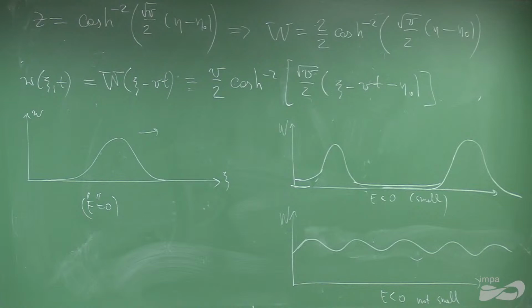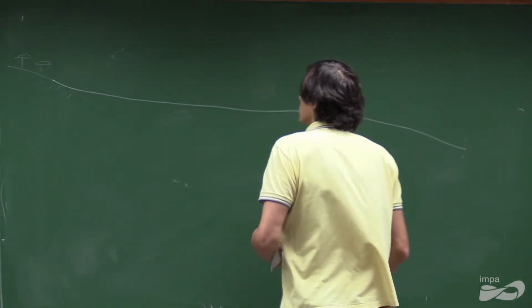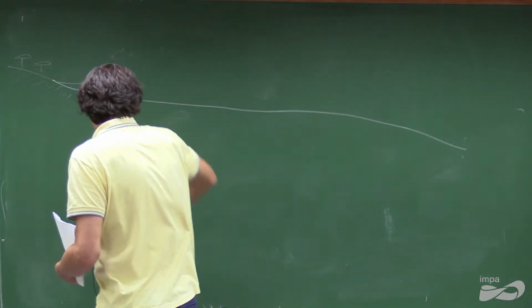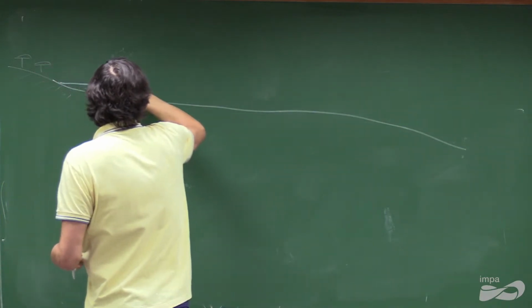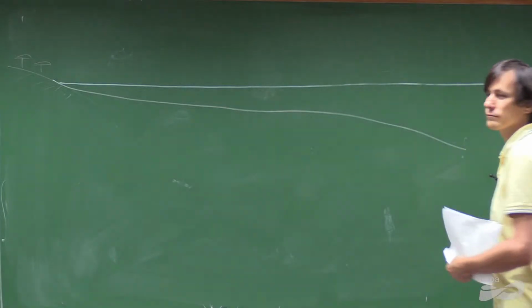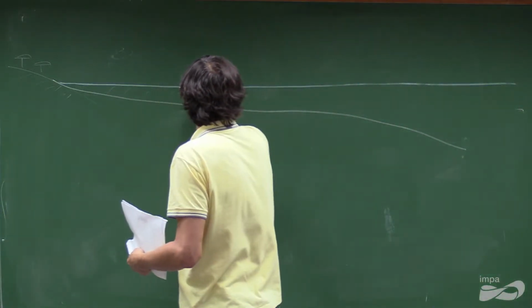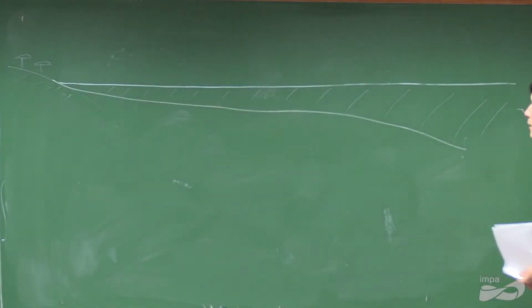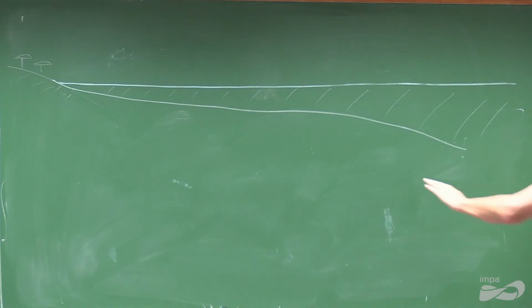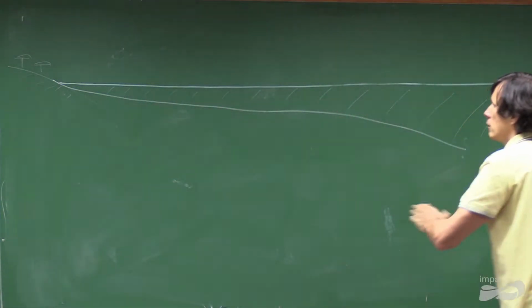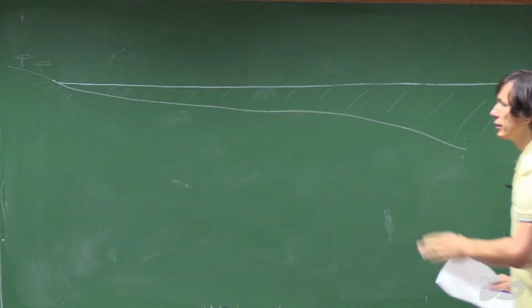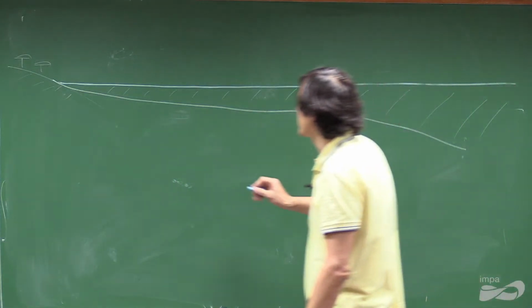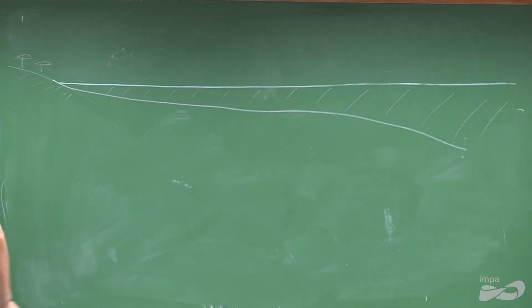So consider the beach, and then you have water. If the depth is changing slowly, you can separate the whole region into three pieces.